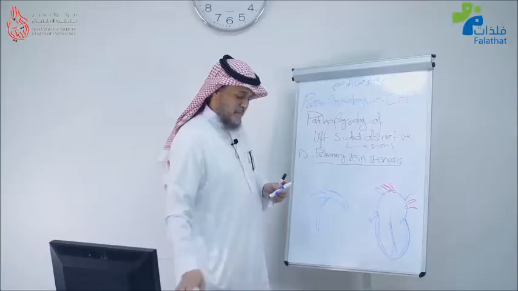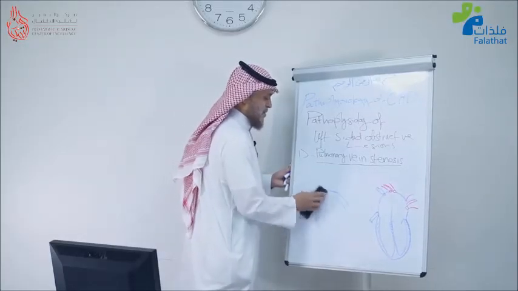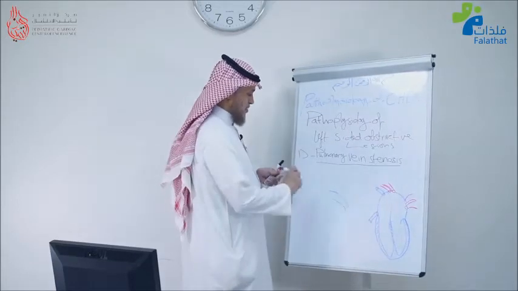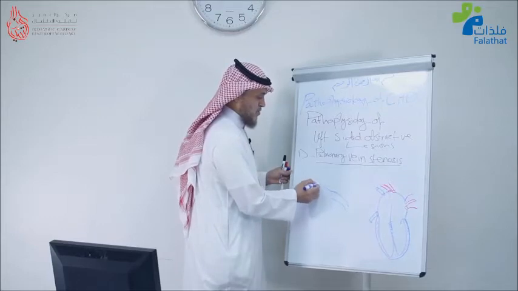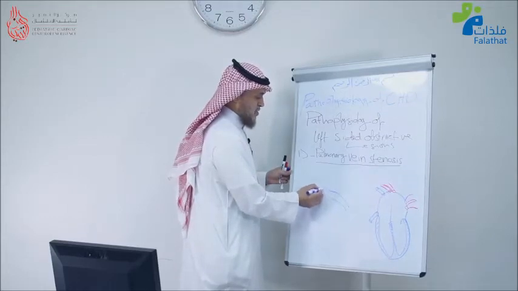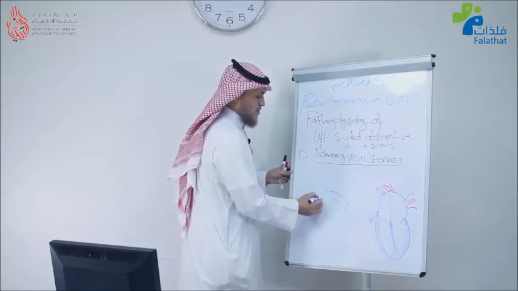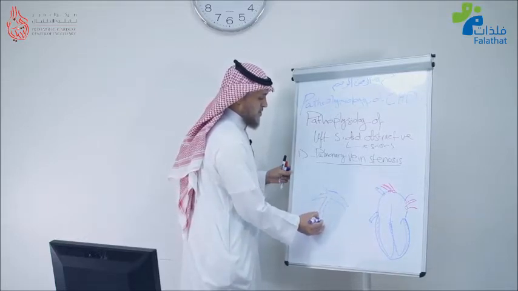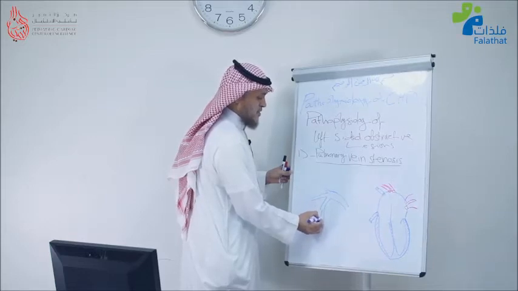Sorry for the drawing, because I drew them not so proportional to their sizes. Usually the upper lobe is smaller, the middle lobe slightly larger, and the lower lobe is the largest part.